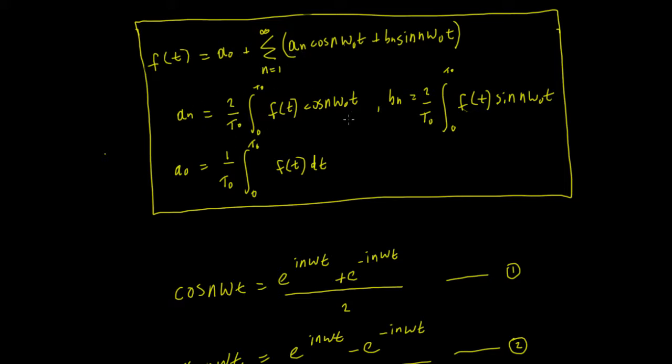Now these are the dot products that ensure that these functions here, the cos and the sine, form an orthonormal basis. So when we apply the dot product to the function f of t, if we use the cos n omega t section, it will give us our an's, and the sin n omega naught t will give us our bn's.